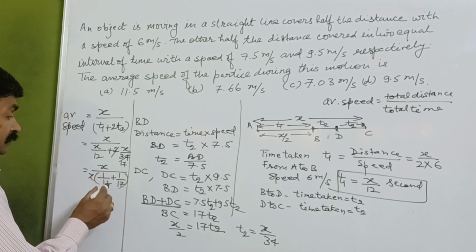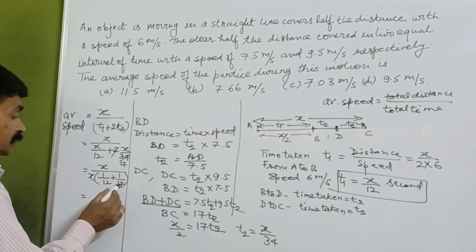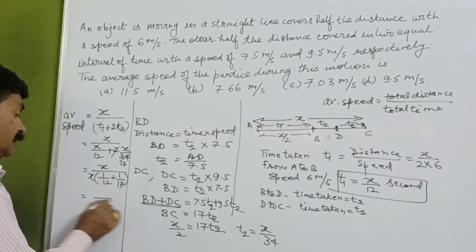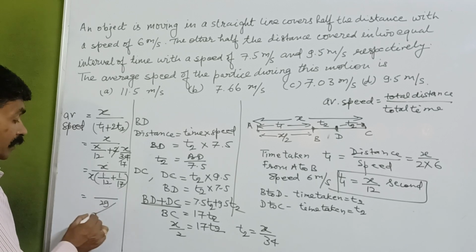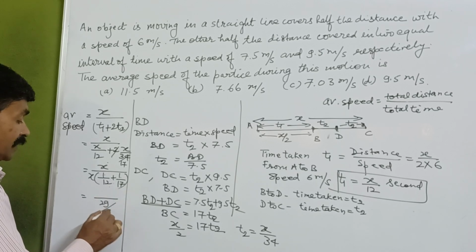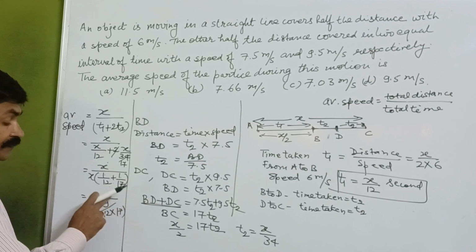Here x cancels with x, and 17 plus 12 is 29, over 12 into 17. We have taken the LCM of 12 and 17.